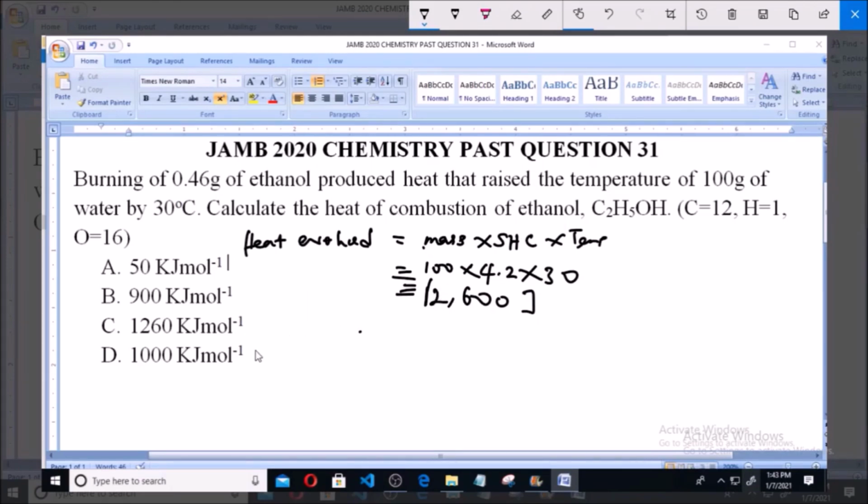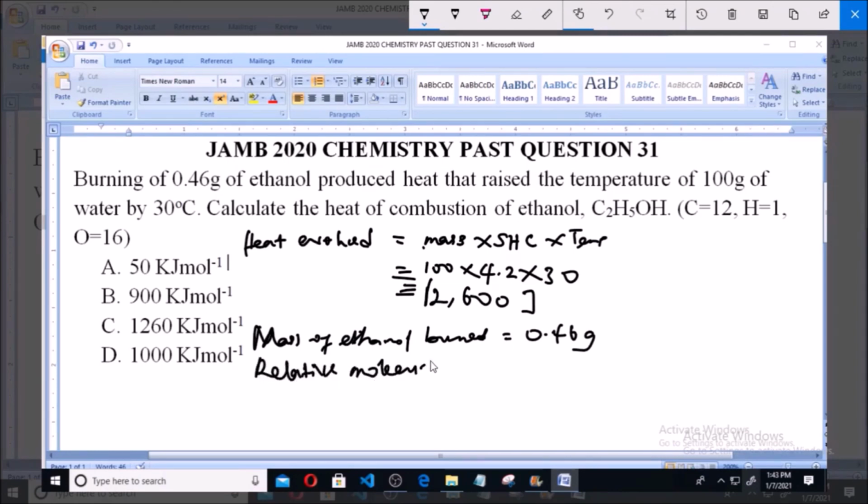Now, the mass of ethanol that was burnt is equal to 0.46 gram. Now, the relative molecular mass of ethanol: ethanol is C2H5OH.